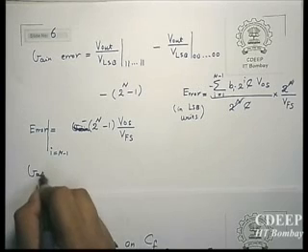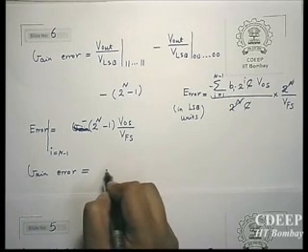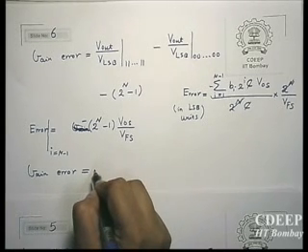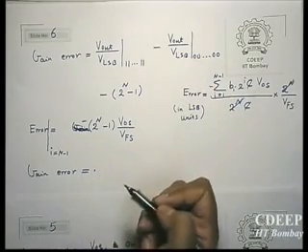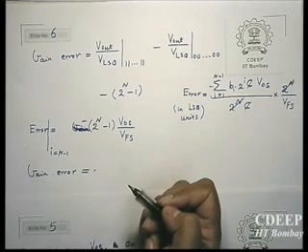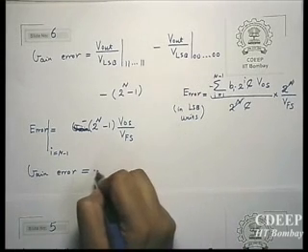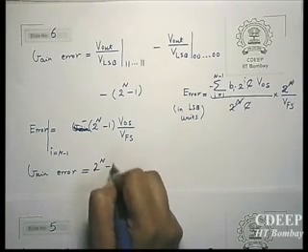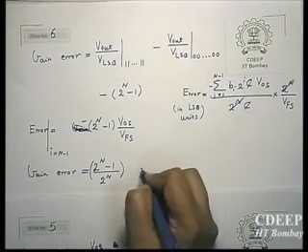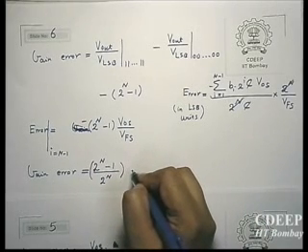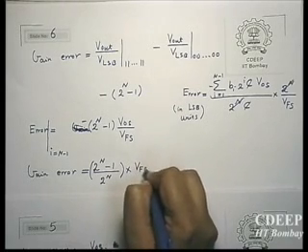Therefore, gain error is this error, and of course for 0. So V out for this particular case will be (2 to the power n minus 1) upon 2 to the power n, in V full scale.